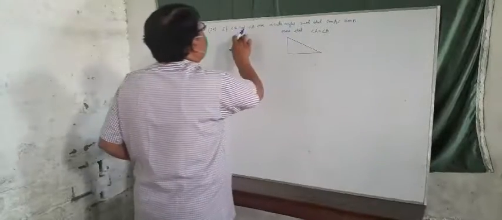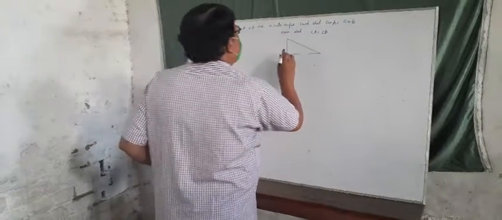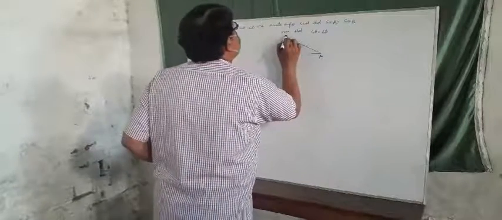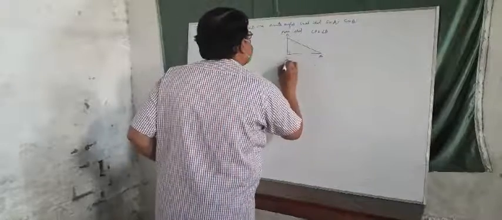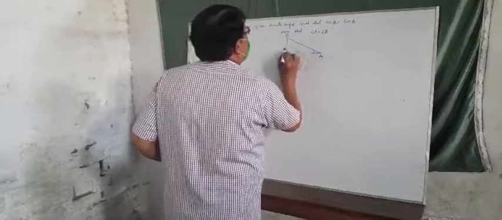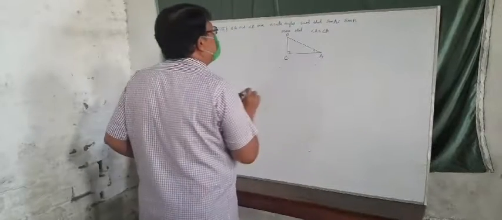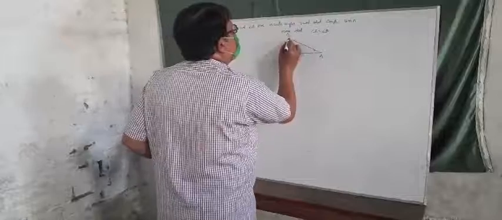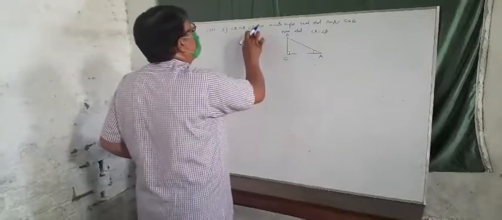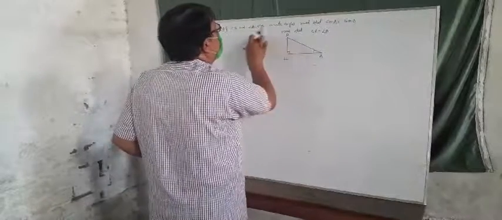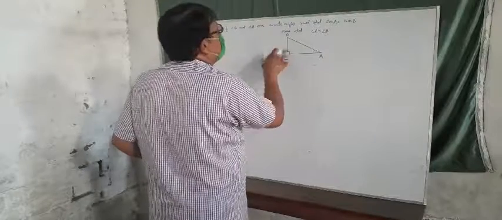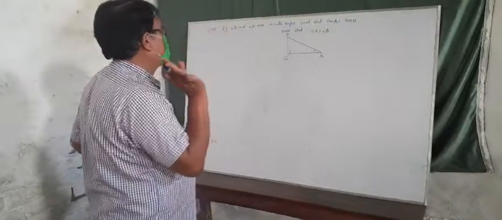Here A and B are acute angles, this angle A and this angle B. This is C. For angle A, perpendicular is BC, hypotenuse is AB, and AC will be base. But for angle B, perpendicular will be AC, base will be BC, and hypotenuse will be the same as AB.